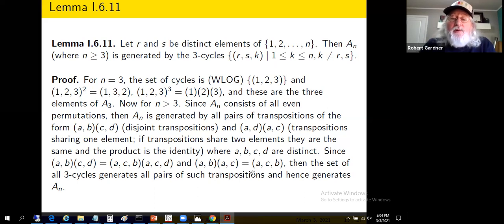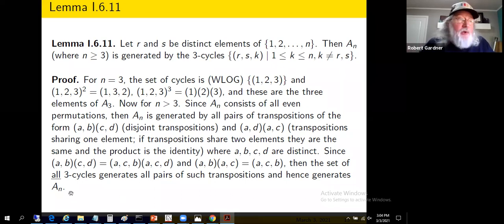Similarly, we explored this just a second ago, we can take this type of product of a pair of transpositions, and that produces a 3-cycle. So maybe we want to read these from right to left as well. We know that if I take everything of this form on the left-hand side, along with everything of this form on the left-hand side, that's a collection of permutations that will generate A sub n.